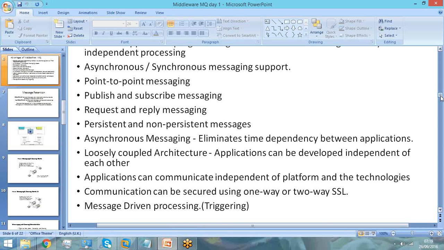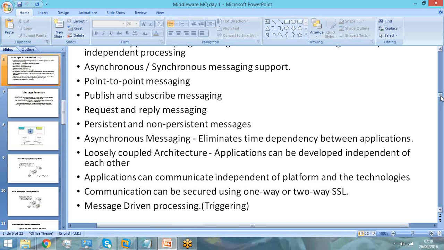If it is tampered with or hacked in between, it is a loss for the organization. So it gives you security through SSL. SSL is Secure Socket Layer, and we will see how SSL is done in other sessions, but it gives you security for the messages that are traveling across the network.